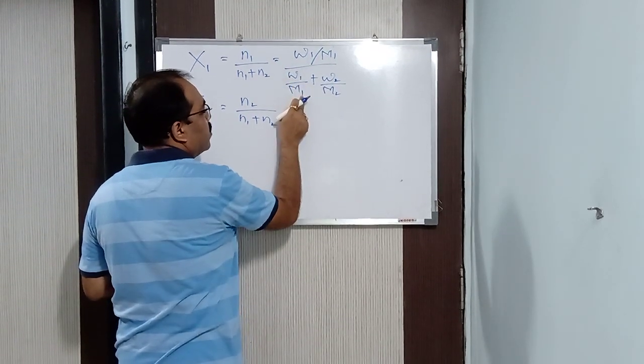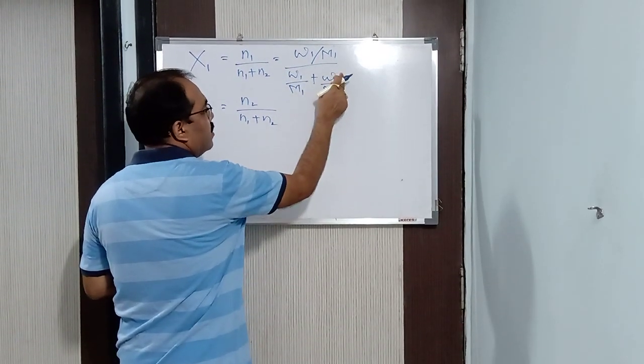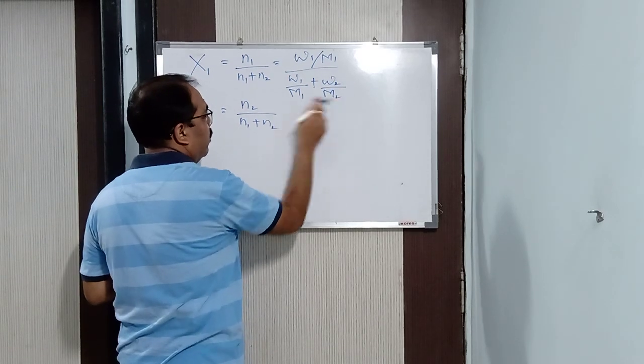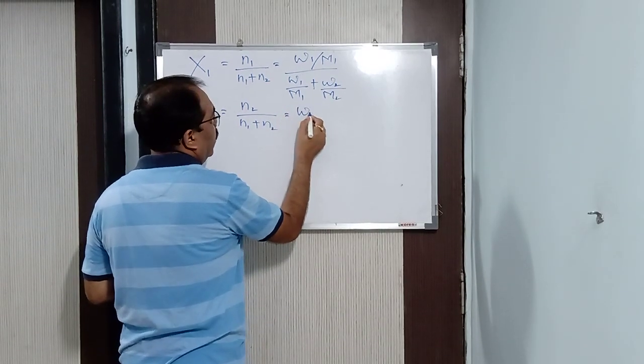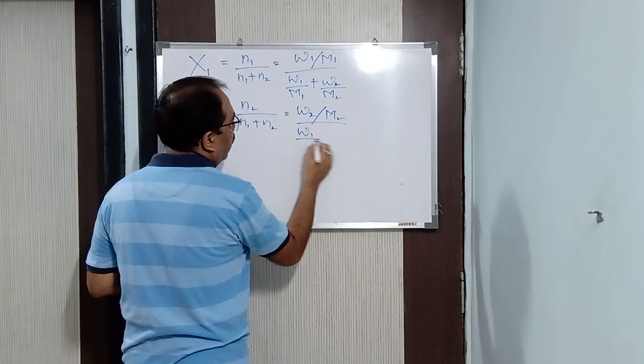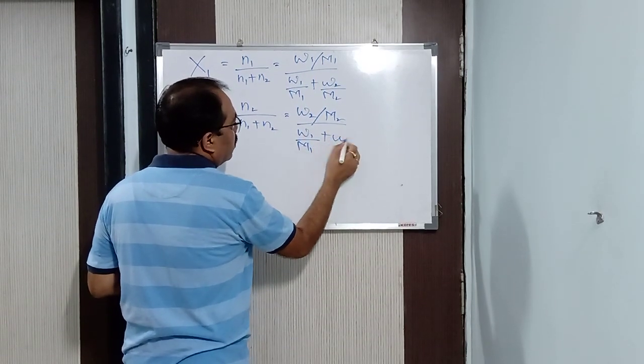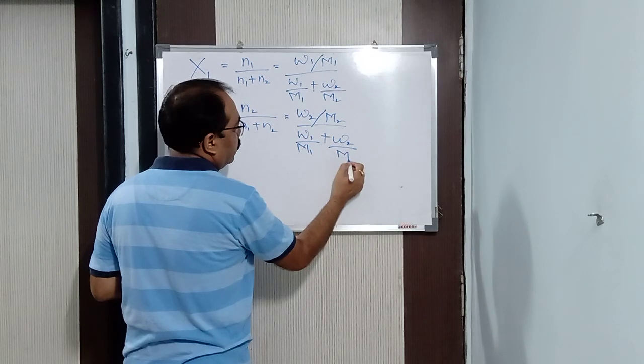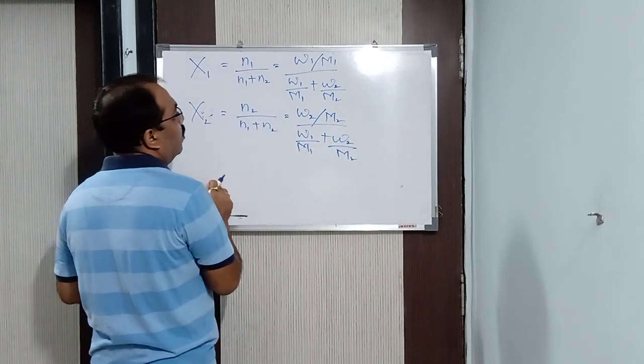Similarly, x2 will be W2 by M2 divided by W1 by M1 plus W2 by M2. Okay, this is the formula.